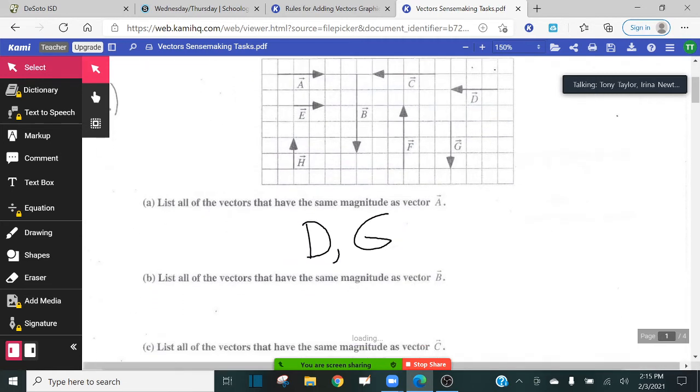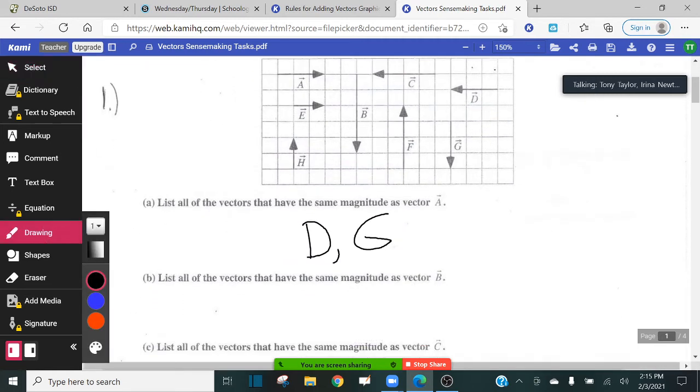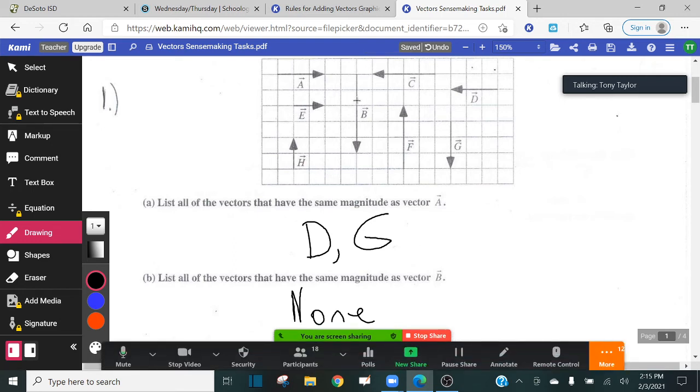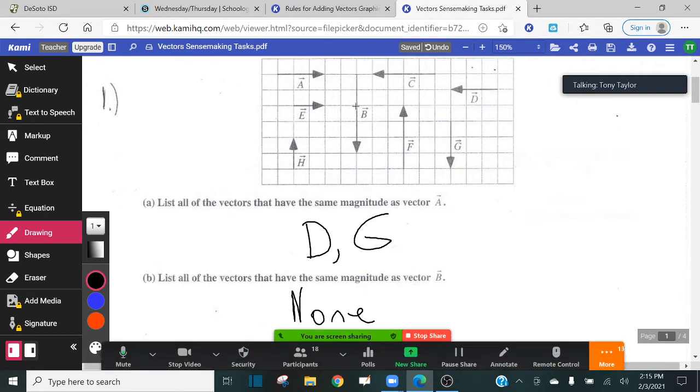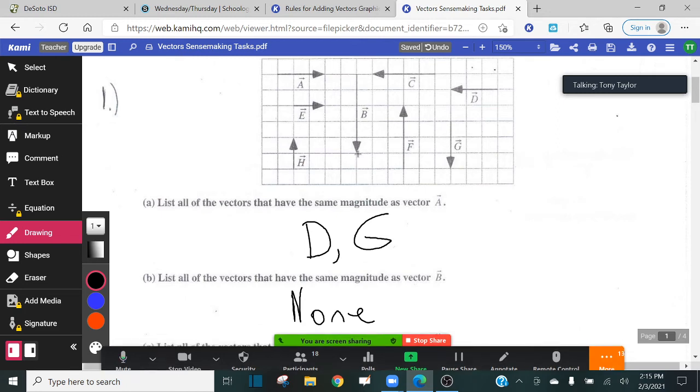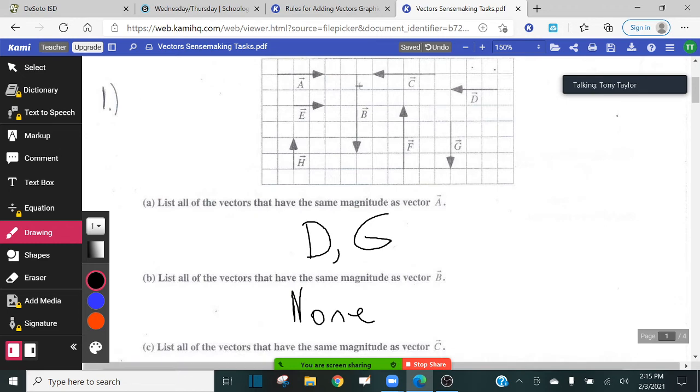Yes, exactly. Irina, you are correct. So there's no vector that matches B. So there's none. And guys, notice Irina's reasoning. If you count, this is 1, 2, 3, 4, 5. So B is 5 units, but there's no other vector on here that is 5 units long.